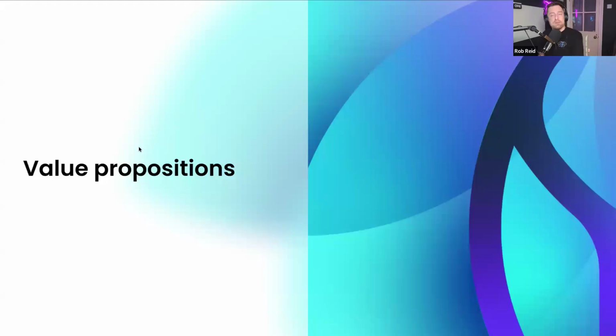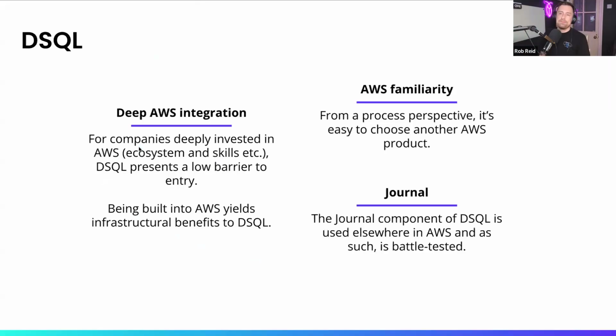Moving on, we'll look at the value propositions of some of the AWS databases and then dive a little bit deeper into Cockroach. So from a DSQL perspective, this is exactly what we spoke about a second ago. For companies who are deeply invested in AWS in terms of not only the ecosystem, but also the skills, DSQL presents a lower barrier to entry because you probably already are familiar with how to access AWS products, the token authentication process.